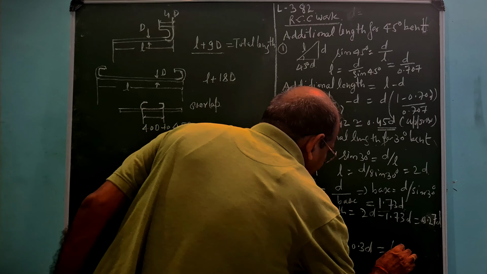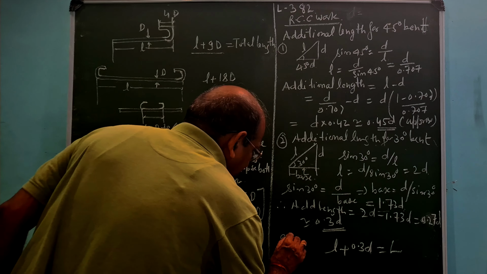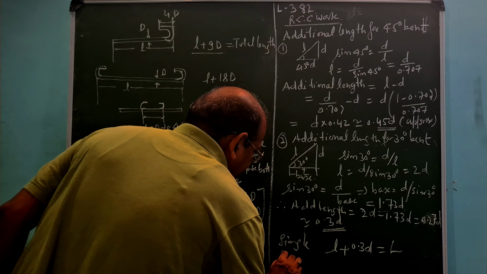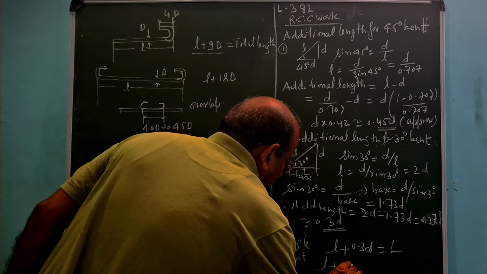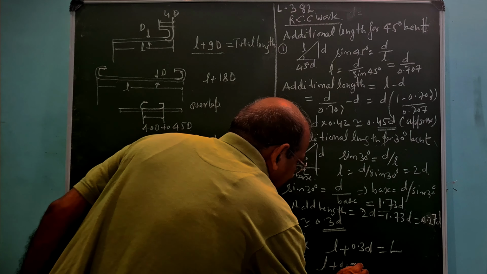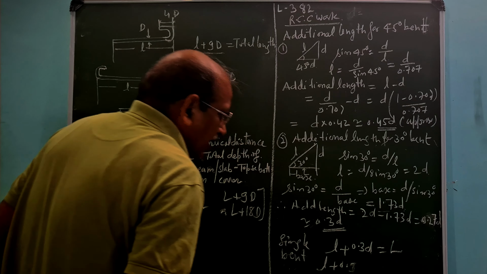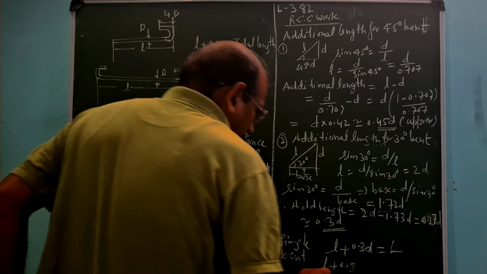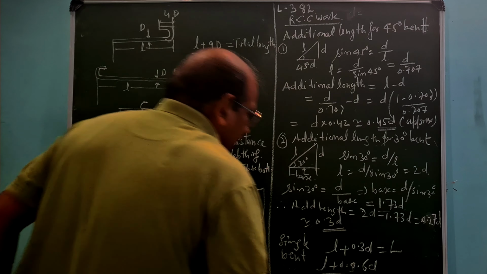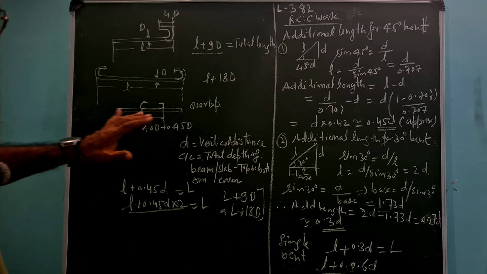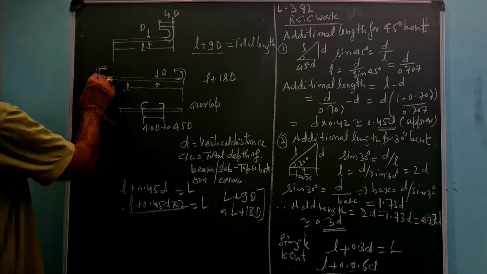If both are bent, then it is L plus 0.3D into 2, that is 0.6D, extra added.